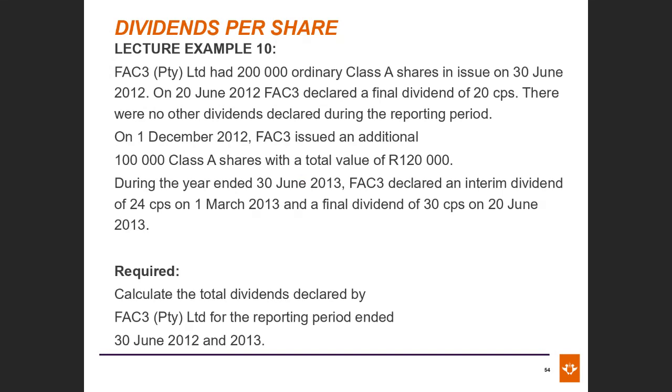FAC3 had 200,000 ordinary Class A shares in issue on 30 June 2012. On 20 June 2012, FAC3 declared a final dividend of 20 cents per share. Just check the date: I changed the date in the slide after it was put up, so this should be 2012.